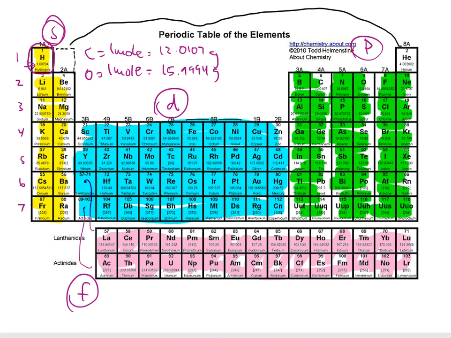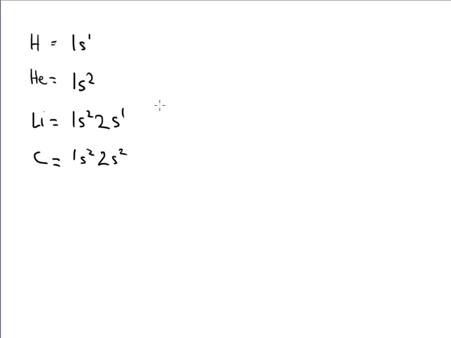Now the issue is that I have to jump. I go from the S block, and then I go over here to the right-hand side where the P block is at. So they really would like for you to write the row number again and symbolize that you are now in the P section, not the S section.